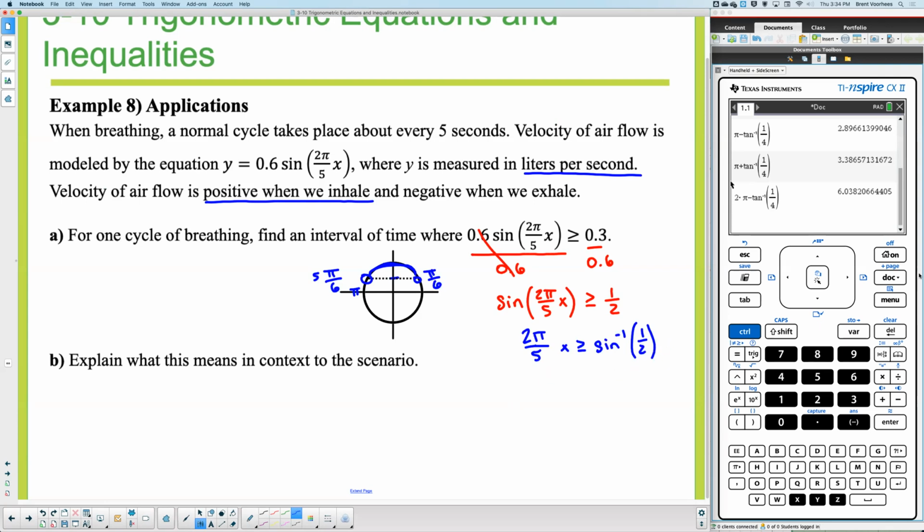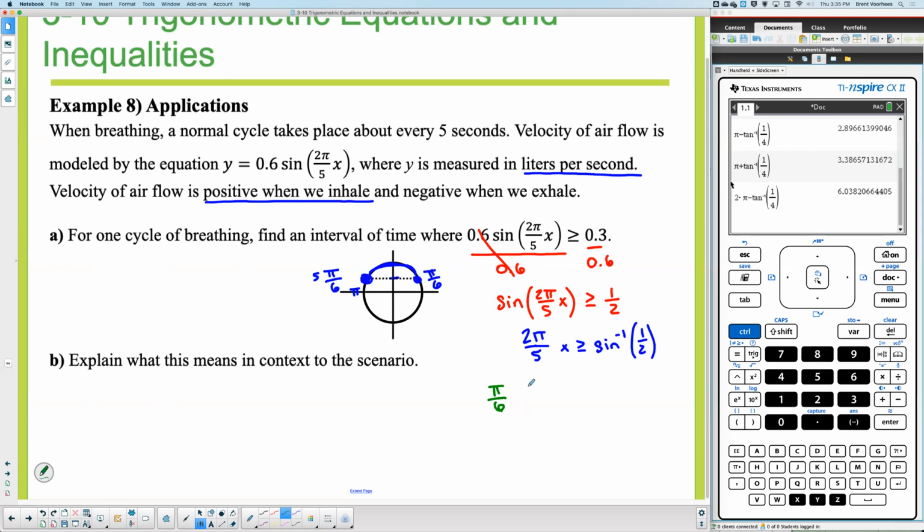So now I want to write that out, and I've got a second bound. Let me write out my two boundaries. Pi over 6 is less than or equal to, I should have done closed dots. Here I am again doing open circles. Let me get that right.